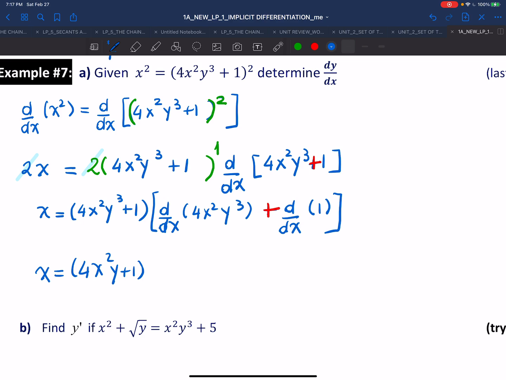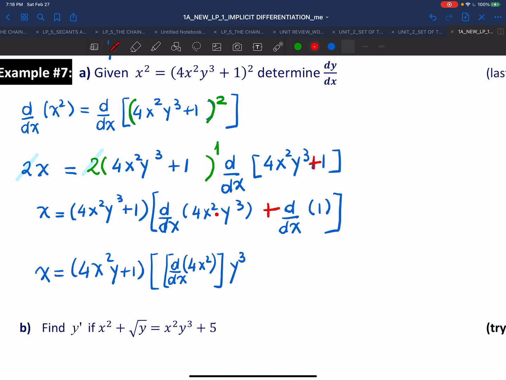And now here we're going to have a little bit of work to do because we have a product rule. So we have a product, which means that we need to open big brackets here. And we'll have d dx of 4x squared multiplying y to the power of 3.